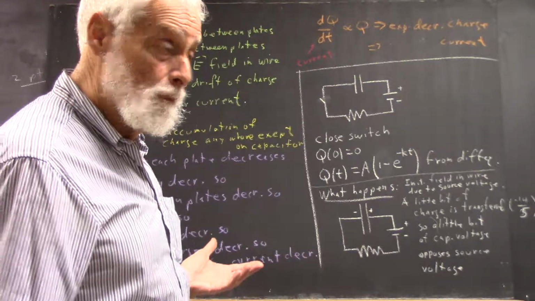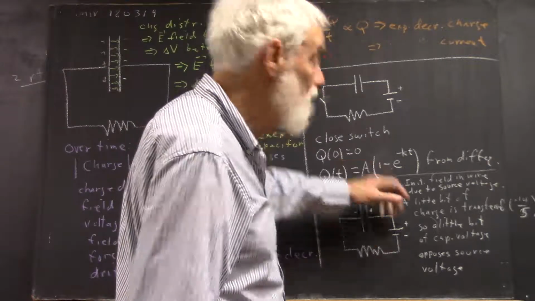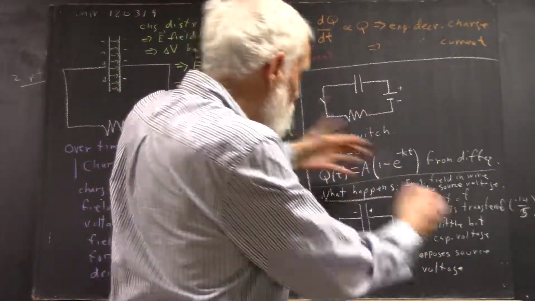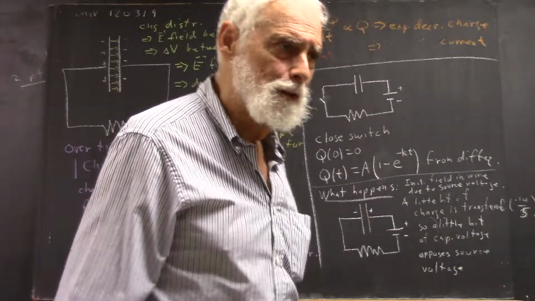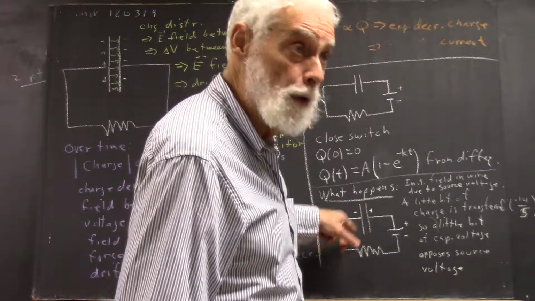Make sense? Initial field in the wire just due to the source voltage. No charge has been transferred, but almost instantly, at the speed of light, or close to the speed of light, the electric field gets distributed through the wire, which is practically instant unless you have a really long wire.